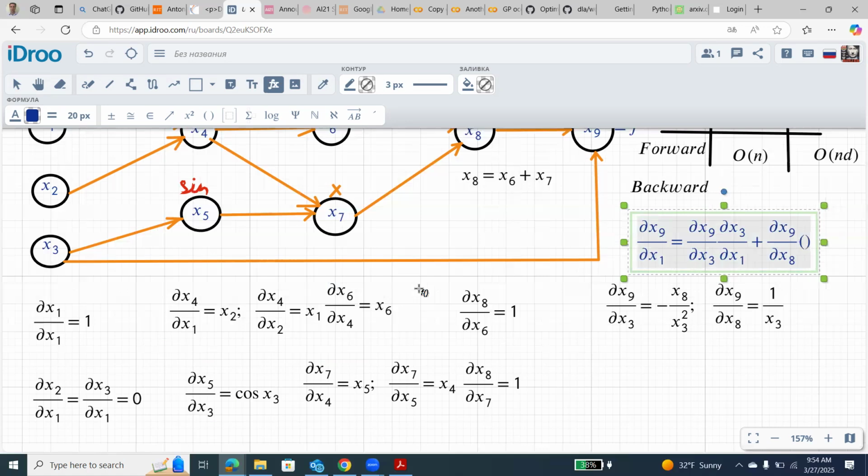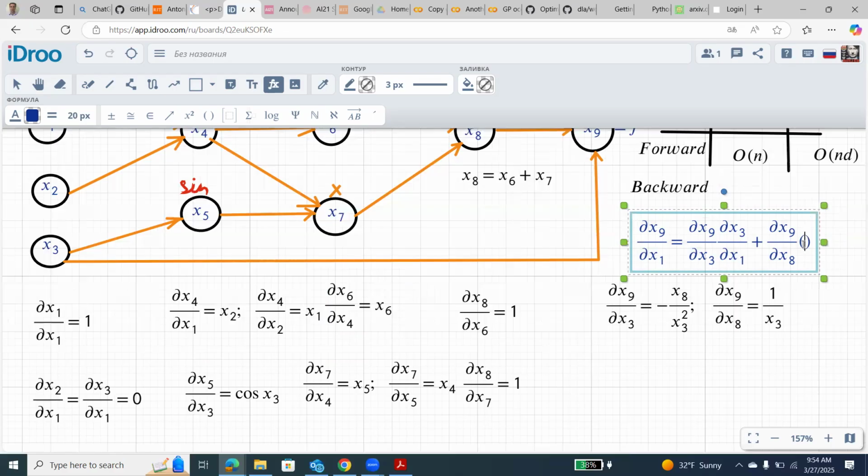we can use again chain rule, which will be the sum.